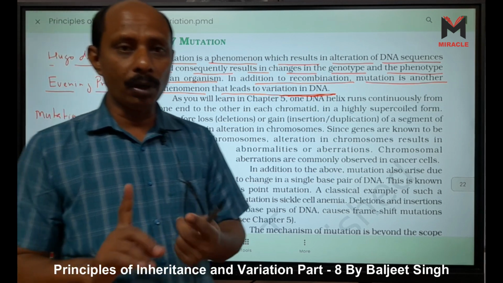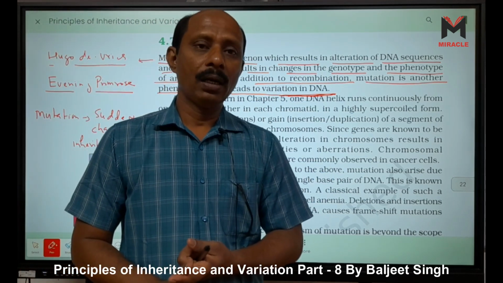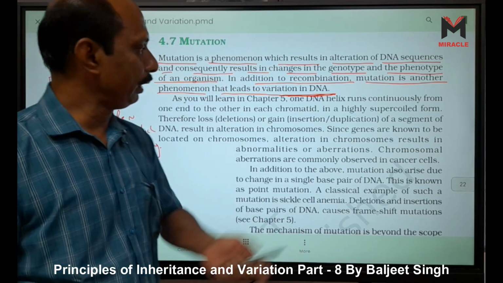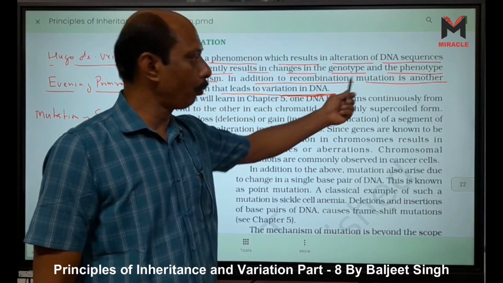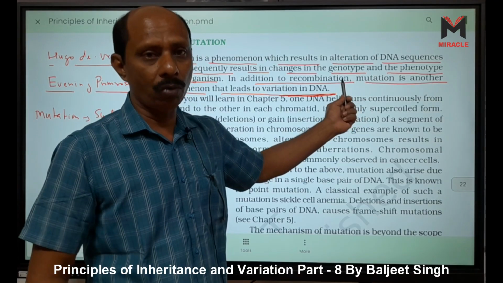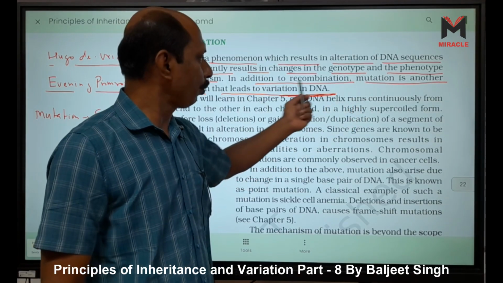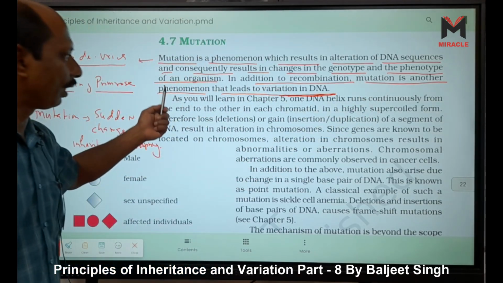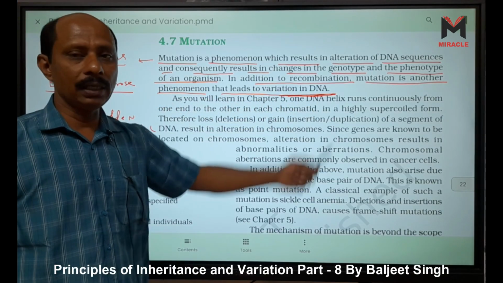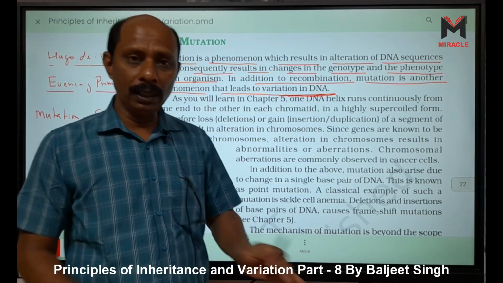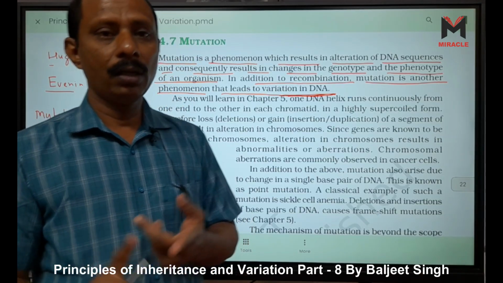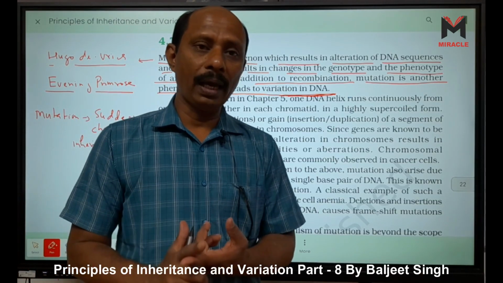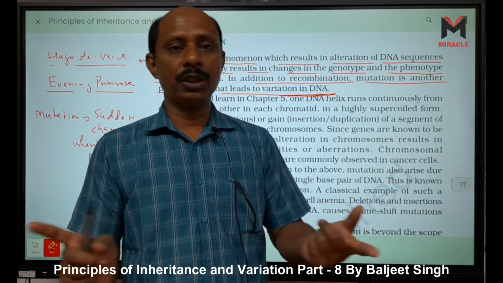Recombination is a natural phenomenon in which genes are exchanged in case of meiosis, prophase I, through crossing over. Both are responsible for variations in new offspring. In sexual reproduction, at the time of prophase I, crossing over happens, which means exchange of genes.